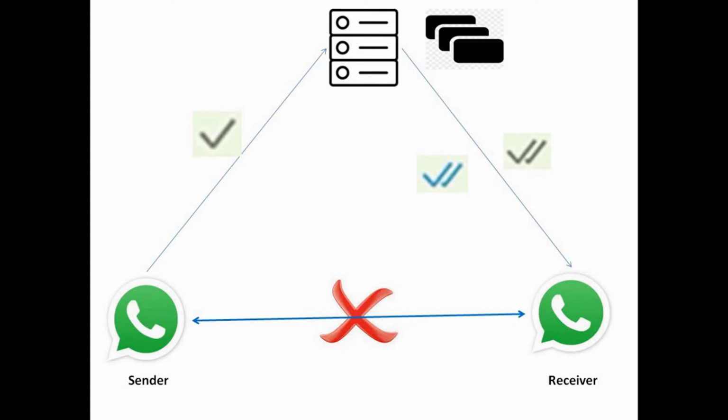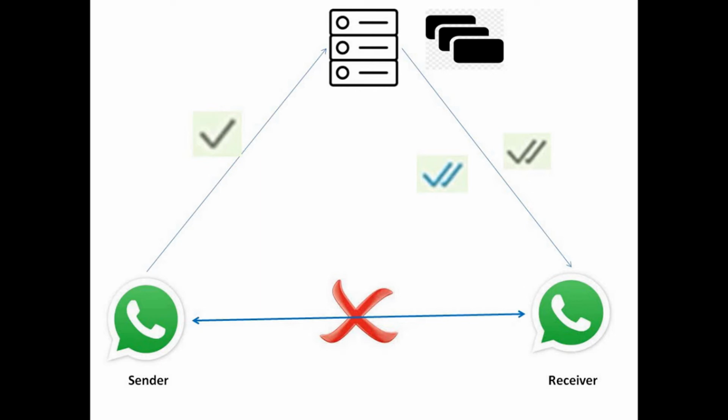So this is how WhatsApp actually works. It works as a server-client model. There is one server, and your clients are the sender's and the receiver's WhatsApp. Once the message is delivered to the receiver, it is deleted from the server memory. It will be no more. So this is how your text message in WhatsApp works.